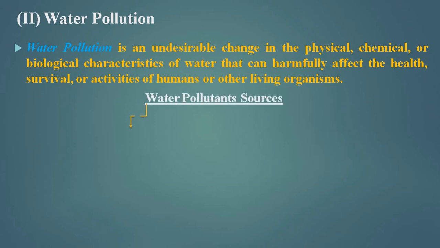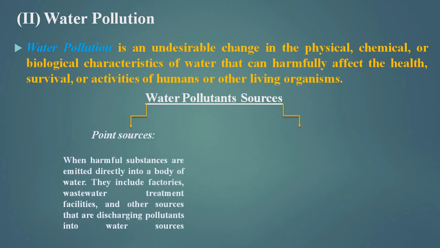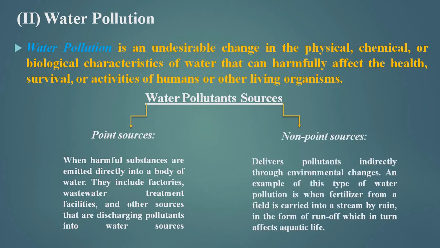Water pollution sources can be divided into two main categories. Point sources are when harmful substances are emitted directly into the body of water. They include factories, wastewater treatment facilities, and other sources that discharge pollutants into the water. The second type is non-point sources, which deliver pollutants indirectly through environmental change.